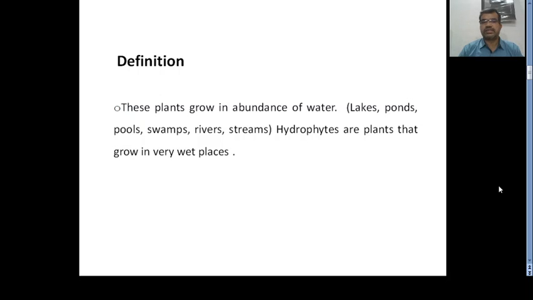Hydrophytes are plants that grow in wet places. So wherever there are lakes, ponds, pools, swamps, rivers, streams, you find these hydrophytes growing.